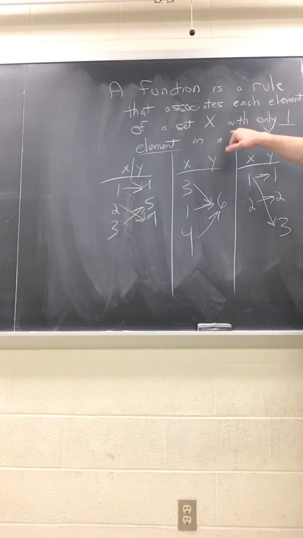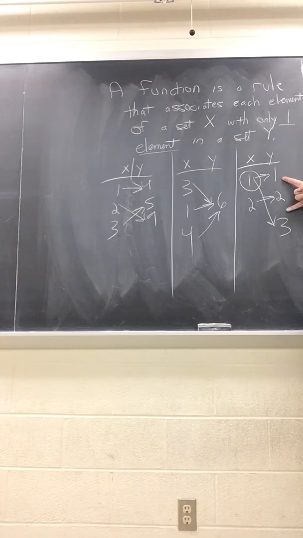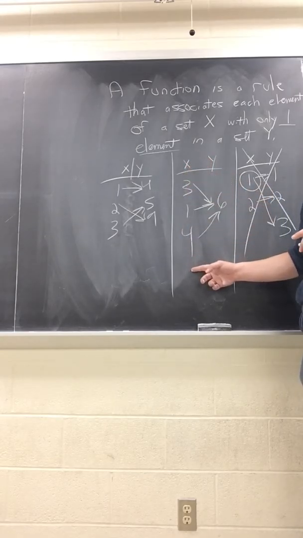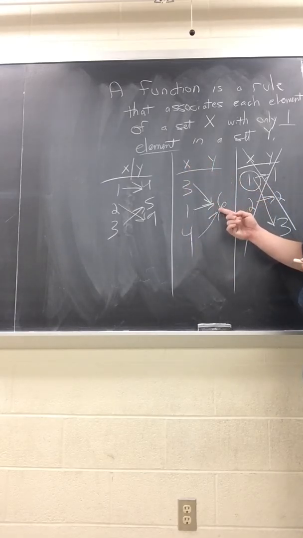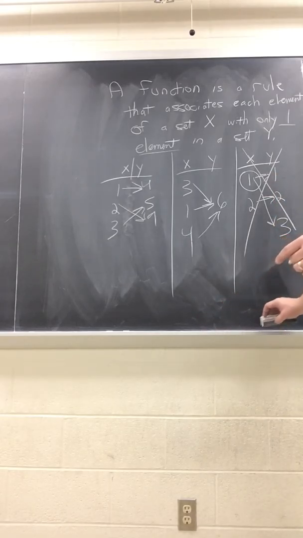According to the definition, it's a function if each X goes to one Y. In this case, this X, 1, goes to two different Y's, so that's not a function then. So this one doesn't work. There's a fundamental and really important difference here. Several X's can go to the same Y, and that's okay, that's still a function. But each X can only go to one Y, or it's not a function. So just make sure you understand that distinction.